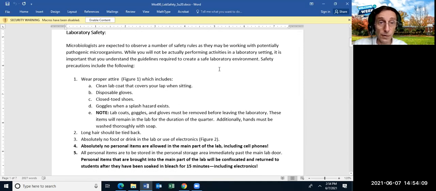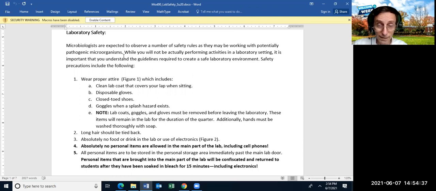All right, you are expected to follow certain safety rules while you're in the microbiology lab, and that is to handle potentially pathogenic microorganisms, and every organism you handle should be considered potentially pathogenic. Even E. coli, if you were to get enough of it, would make you sick.